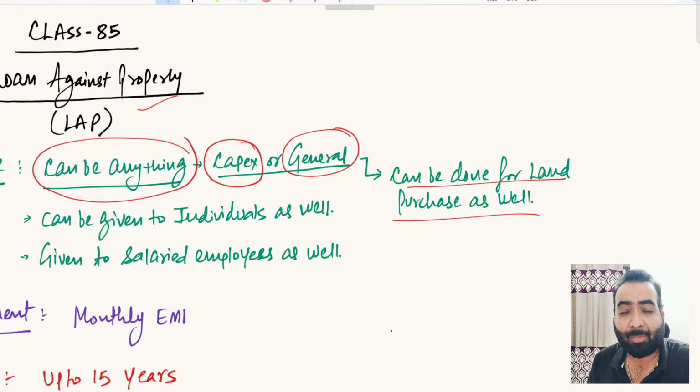Because if I am taking this loan in my business for my business purpose, then I need to satisfy the bankers that I will be using this loan in the business only, for whatever purpose it may be, right?